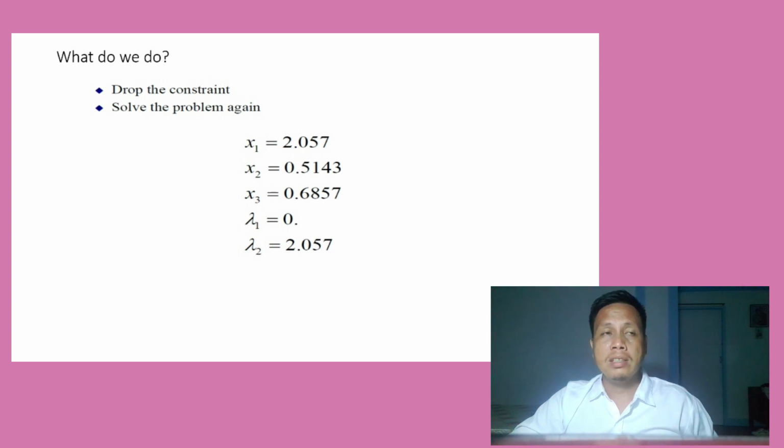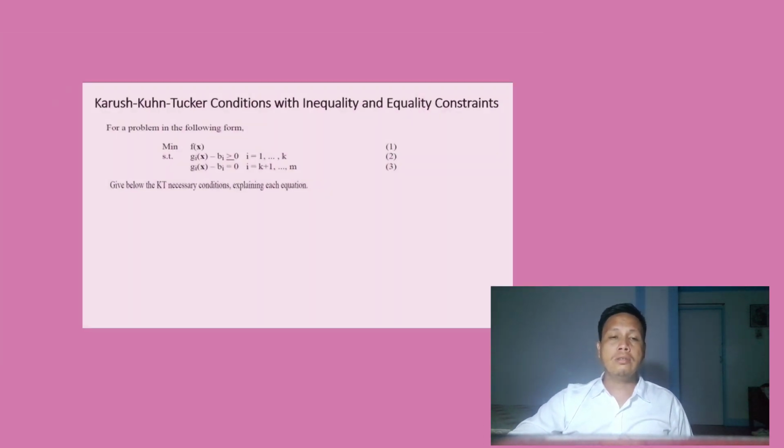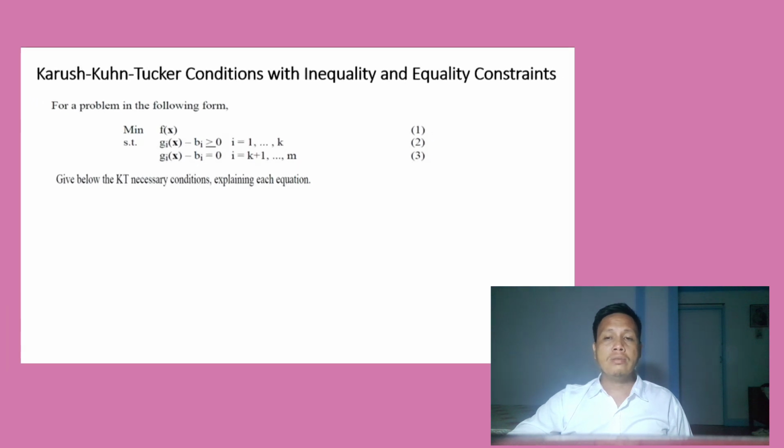I think the condition is the fourth condition. Lambda must be greater than or equal to 0. If the result is negative, we have to drop the constraint. We have to set lambda 1 equal to 0. So we'll now proceed to Karush-Kuhn-Tucker conditions with inequality and equality constraints.